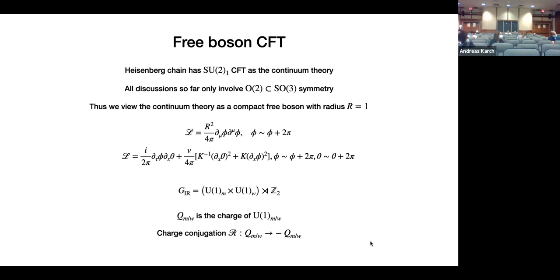And the other one is called winding. And then there's a Z2 symmetry that flips phi to minus phi, which will also flip the momentum and winding charge. So Q_M and Q_W are the charges of the two U(1) symmetries. That's all the symmetries we get for a generic value of R. For special values of R, like R equals 1, you get more symmetries, but this is good enough for our purpose.